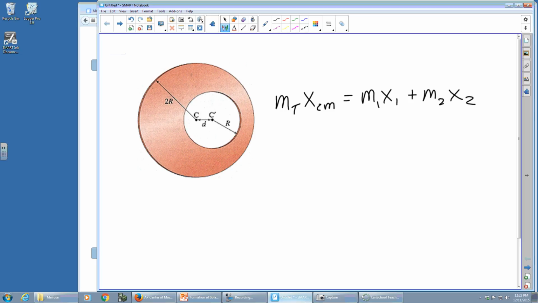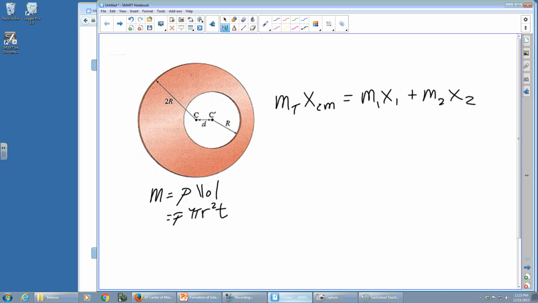I'm going to assume that this has a uniform density. I think it said that. So the mass of the total plate is going to be its density times its volume. And the volume would be, let's see, pi r squared times the thickness, which we'll call T. Right?